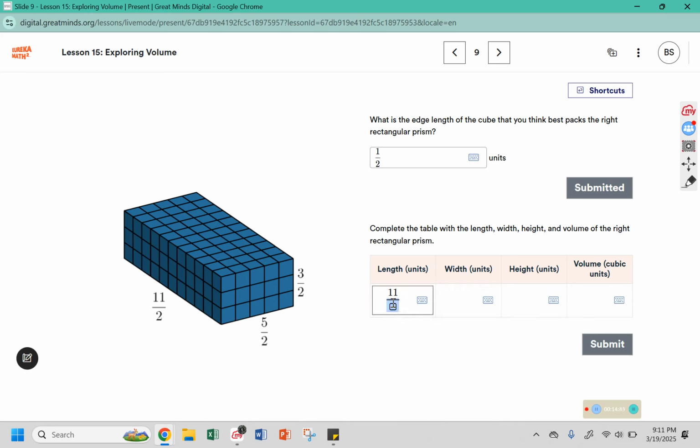The length is 11/2, the width is 5/2, and the height is 3/2. If we were to multiply, 11 times 5 is 55, and then 55 times 3 is going to be our numerator. Then our denominator, 2 times 2 is 4, 4 times 2 is 8.